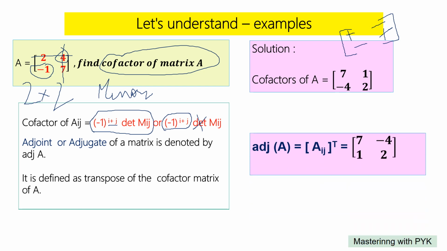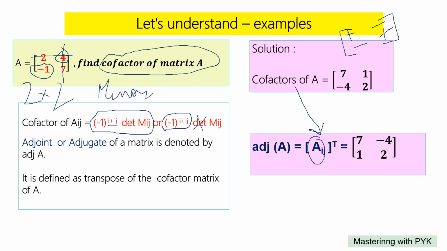Now the adjoint of A, or the adjugate of a matrix A, is given by the transpose of the matrix obtained after finding the cofactors. So this is the transpose not of the original matrix but of the cofactor matrix, right?